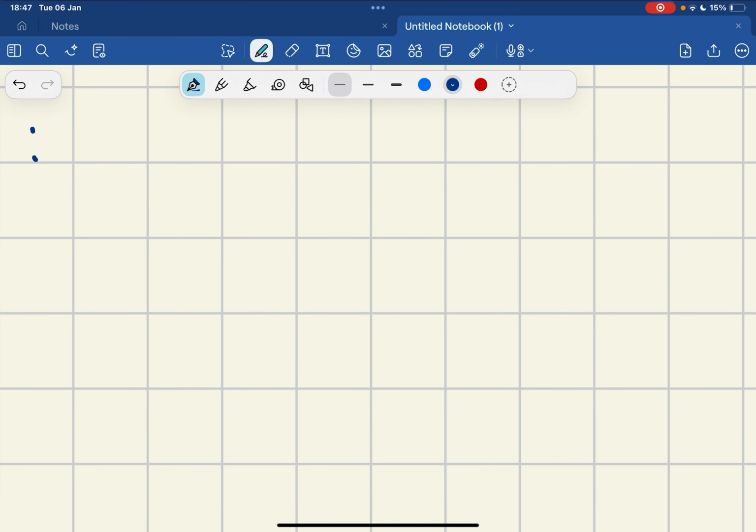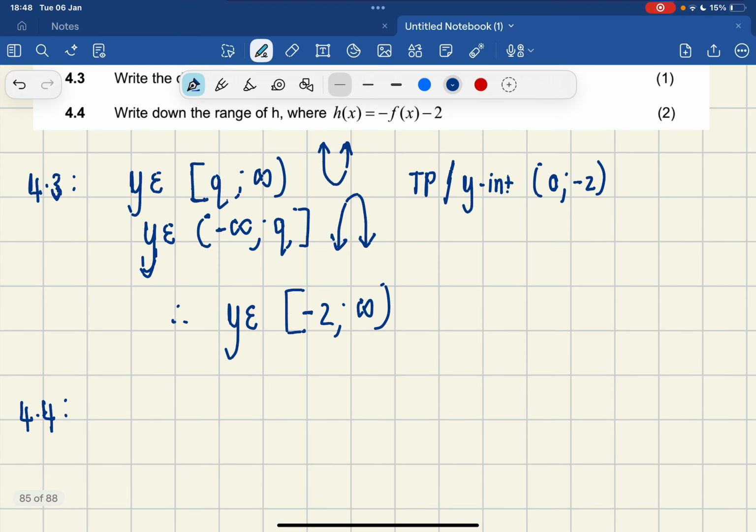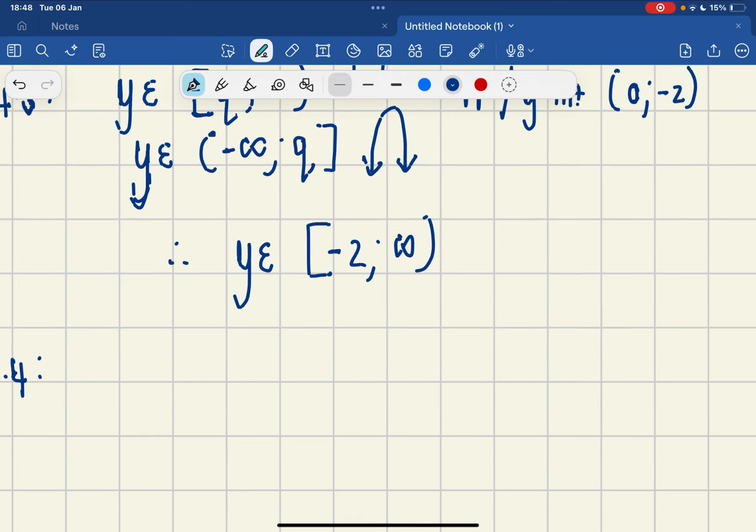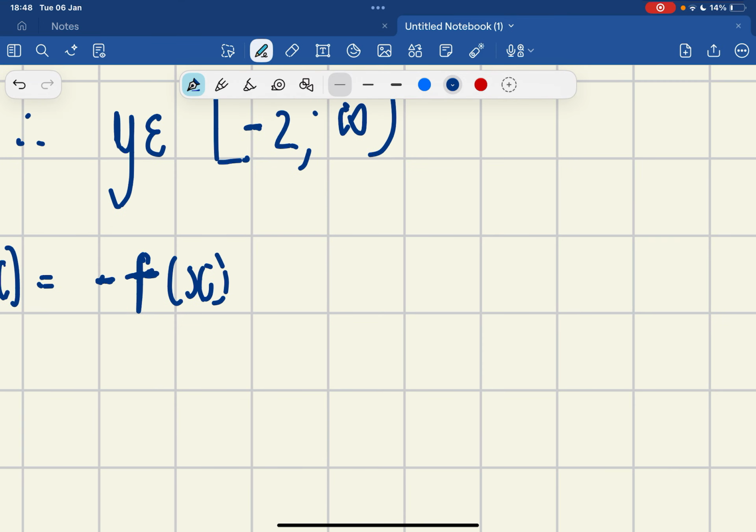In question 4.4, let's quickly proceed to that one. Question 4.4 proceeds to talk about what? Now, write down the range of h if h of x, so we're given a new function. So the new function is h of x is equal to negative f of x minus 2.